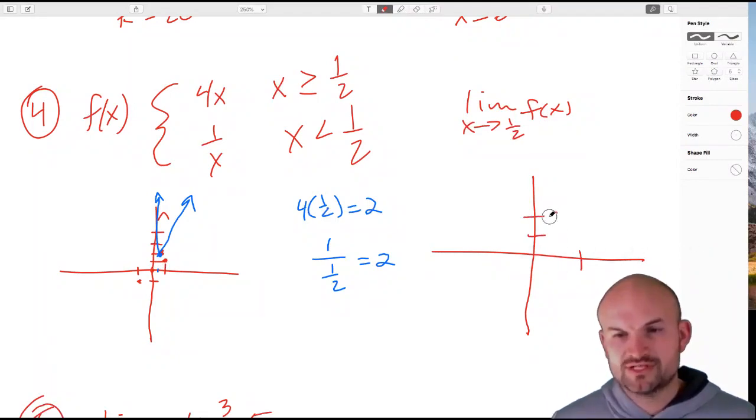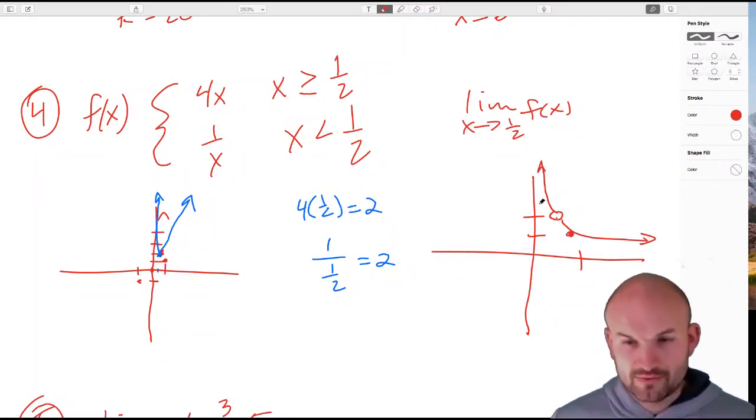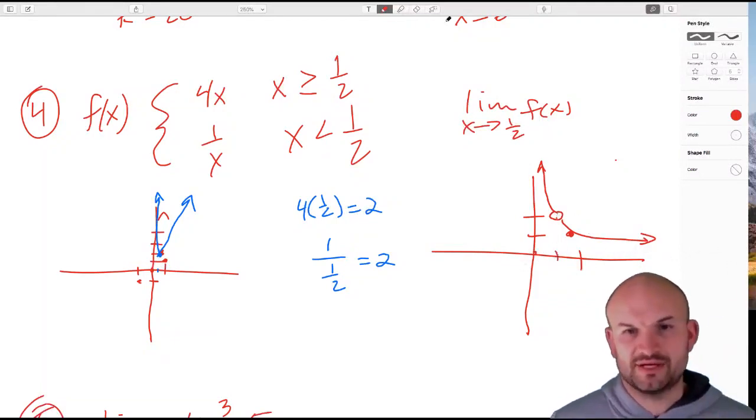So we have this open circle, because that's what the reciprocal function does. And over here the graph looks like this. This is the reciprocal function. It's only for x values less than 1/2, so that's going to the left.